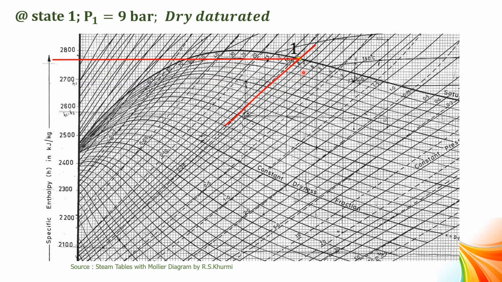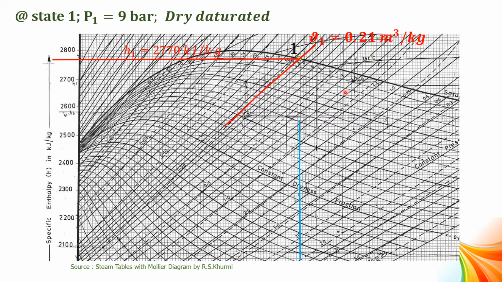Now measure the corresponding specific enthalpy value at point 1 from the y-axis. So the measured value h1 equal to 2770 kilojoule per kilogram. Now I have to measure the corresponding specific volume value v1 at this point. So the specific volume v1 equal to 0.21 meter cube per kilogram.